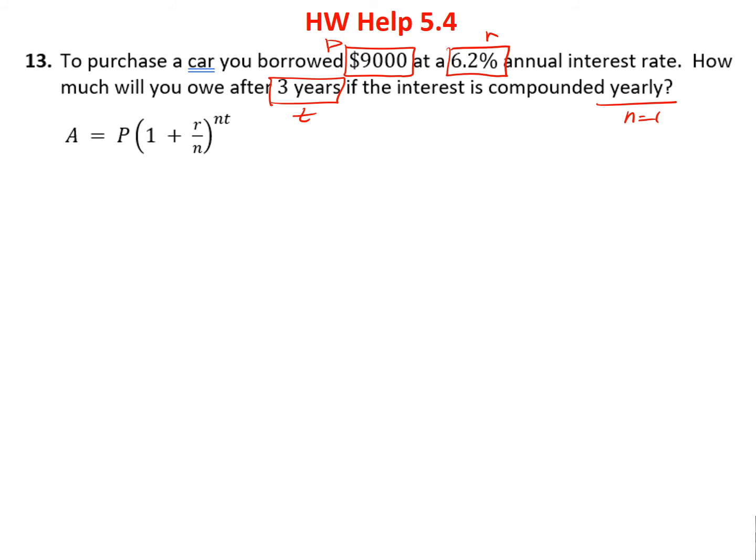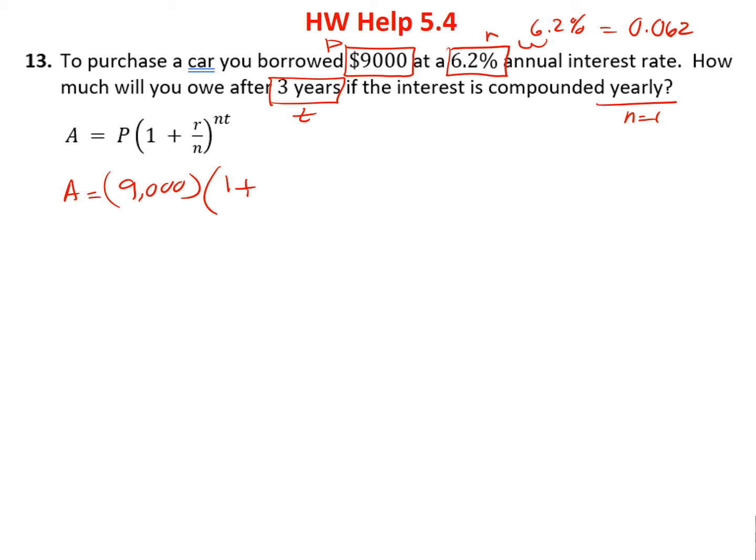So let's write our formula with what we know. The principal is $9,000. Our growth rate is 1 plus my rate, which is 6.2%, but remember, move the decimal over 2, it's 0.062, 6.2 hundredths.